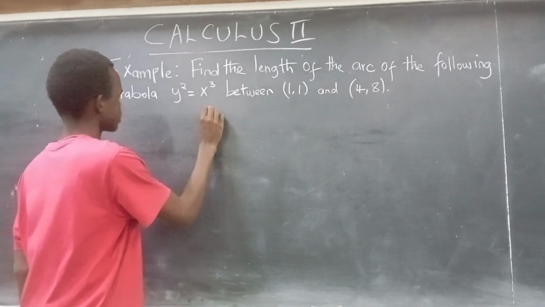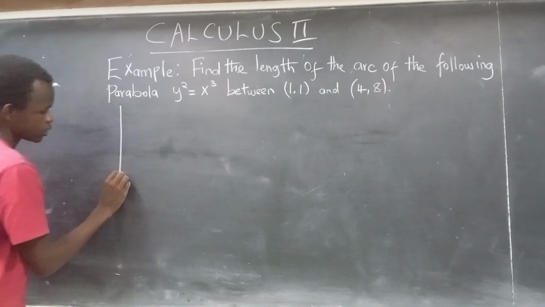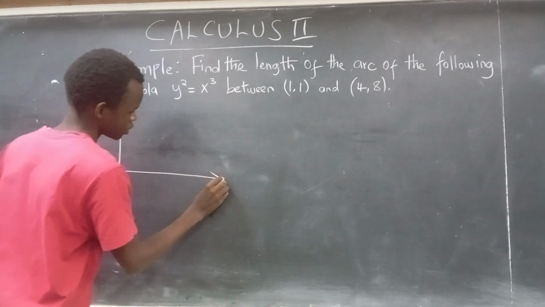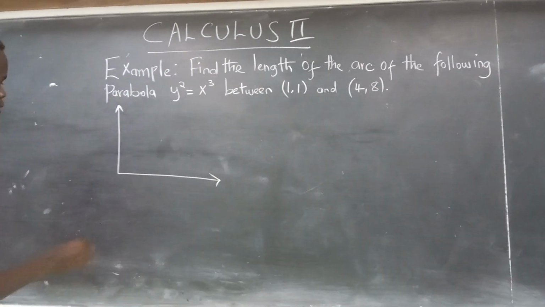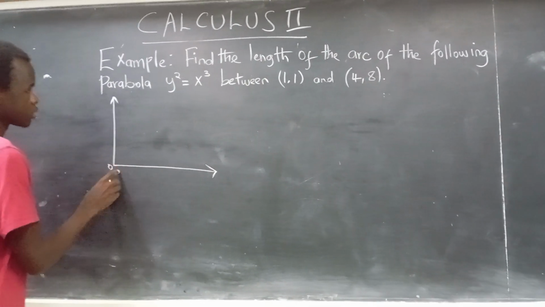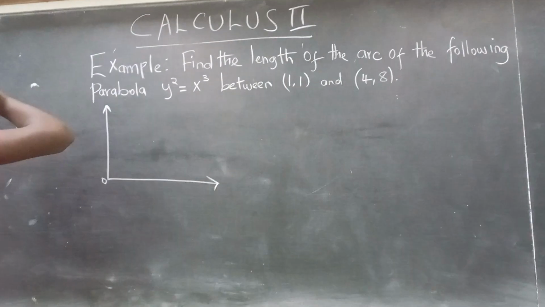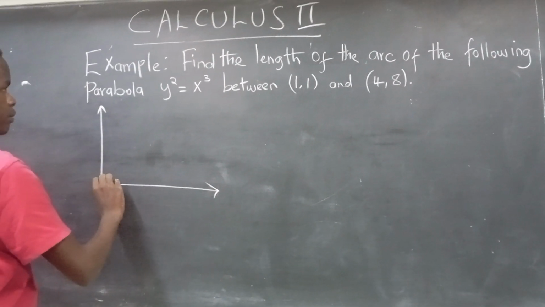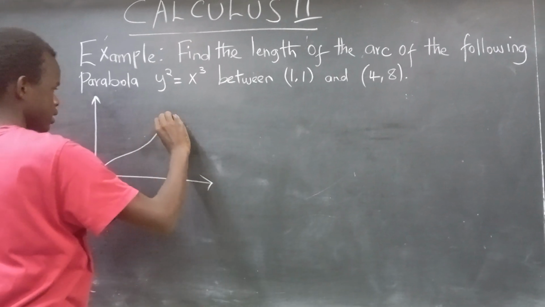Drawing a Cartesian plane, let me draw it here. So the curve, this is the origin. This curve looks like that, it's just the U curve.